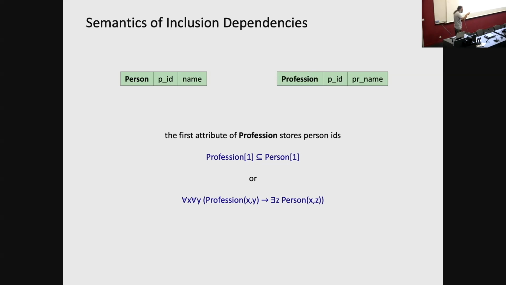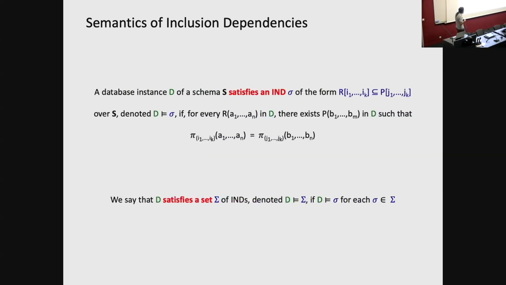I think there was a question. No. Here I'm just saying, I give you, you are given a set of functional or inclusion dependencies, and I'm not posing any minimality condition there.